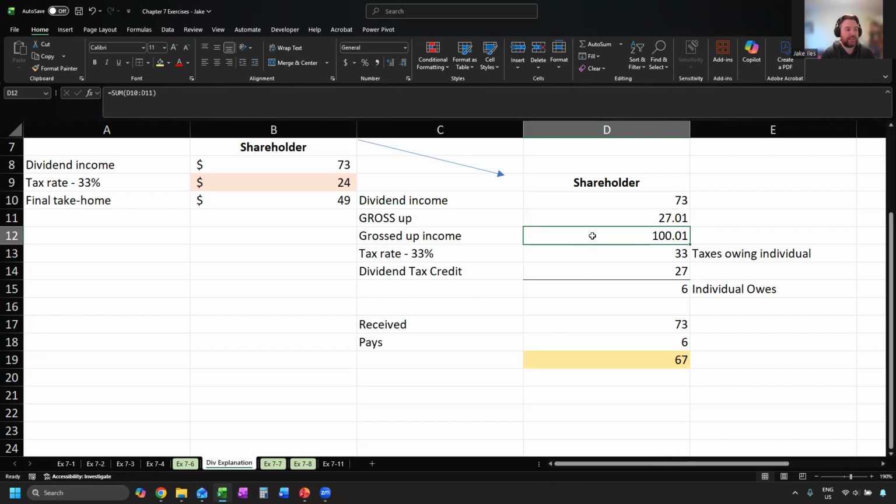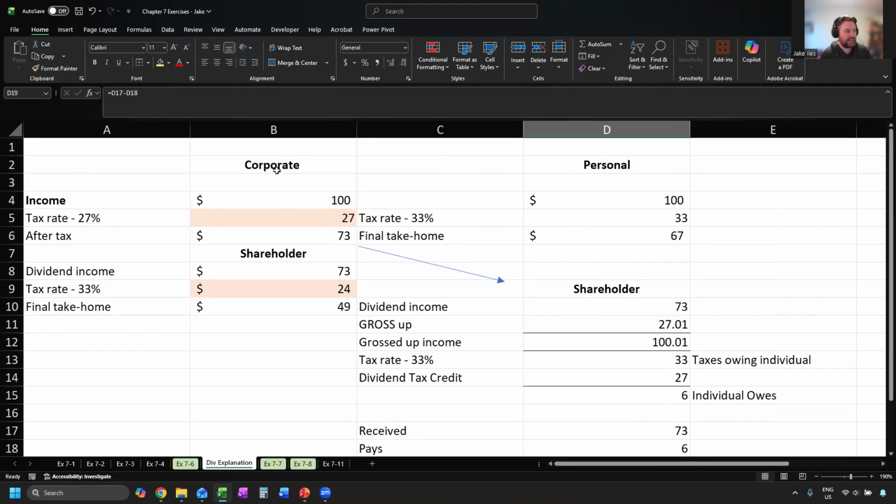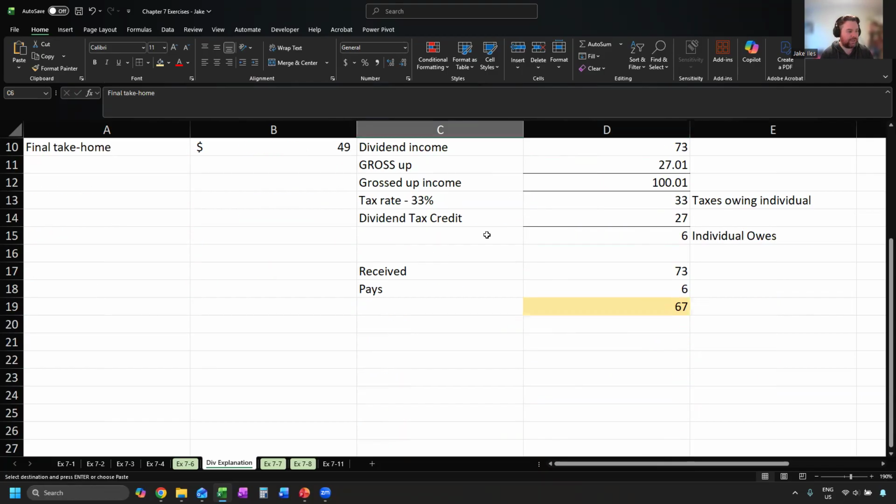We go through the calculation to return it to the gross up, calculate the taxes, get a dividend tax credit, and that tells us the portion of the taxes owed by the individual. So the shareholder pays 6, the corporation paid 27. Combined, they still paid the full taxes owing of $33. So this $67 of getting it through the corporation matches the $67 final take home for the personal.